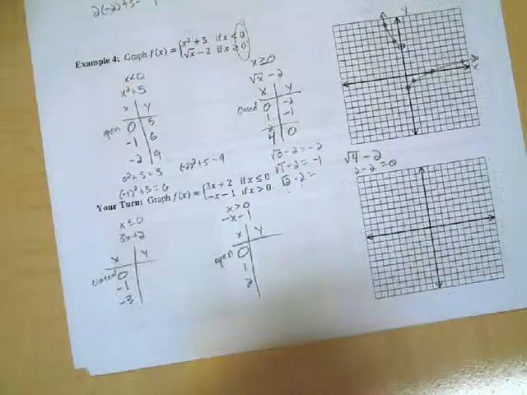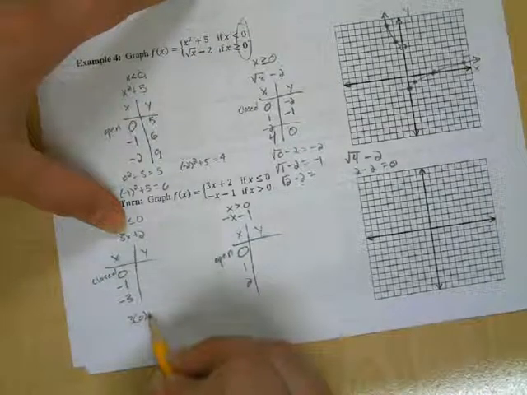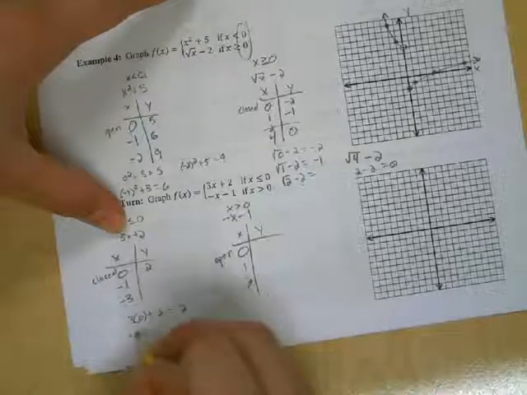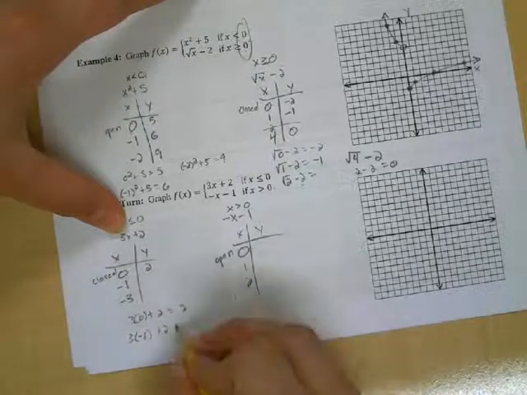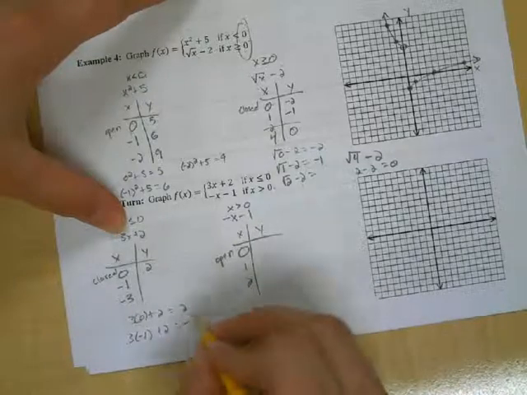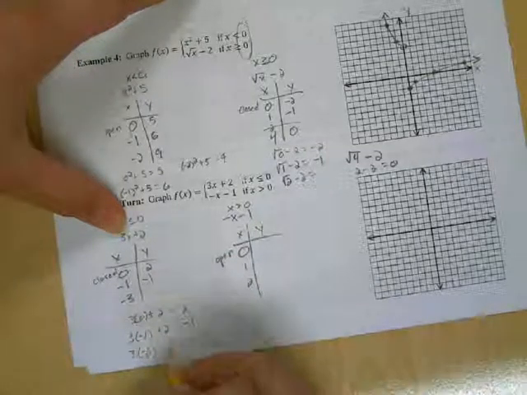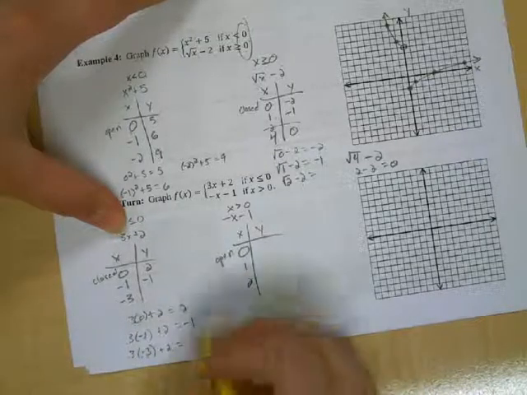Plug those values in. 3 times 0 plus 2 is 2. 3 times -1 plus 2, that's -3 plus 2 is -1. 3 times -3, that's -9, plus 2 is -7.